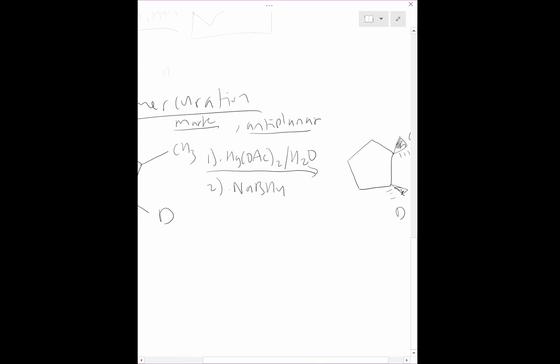Markovnikov, anti-planar. Now, if you read the reaction sheet, there are certain reactions, like the one with HBr and peroxide, where the peroxide makes it non-Markovnikov. I specifically call it non-Markovnikov. The reaction sheet will say anti-Markovnikov. I prefer not to say that because you might mistake anti-Markovnikov with anti-planar. So I just avoid that altogether.